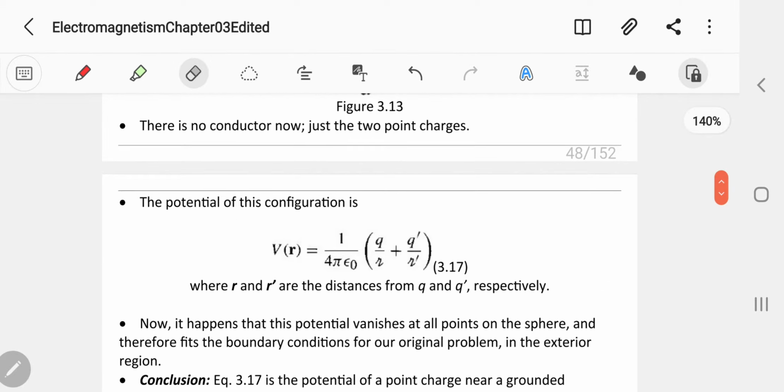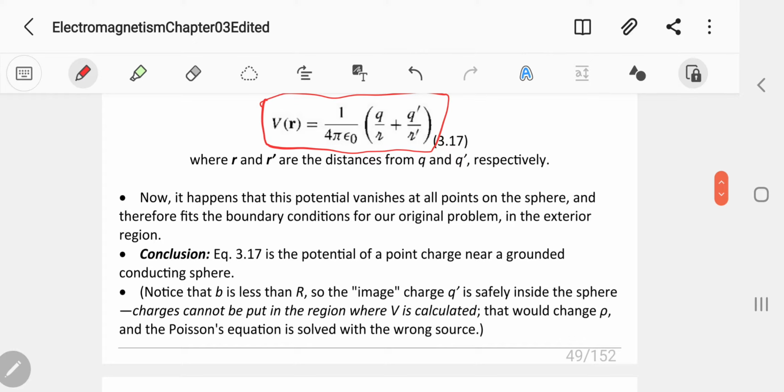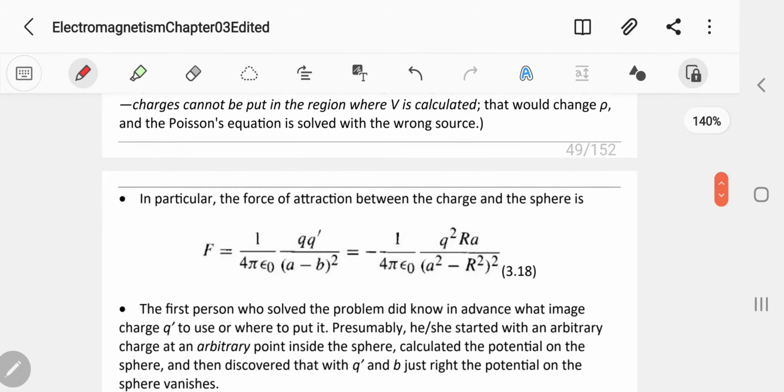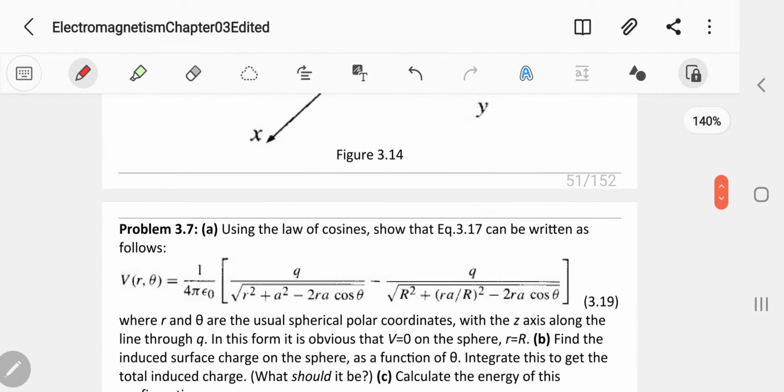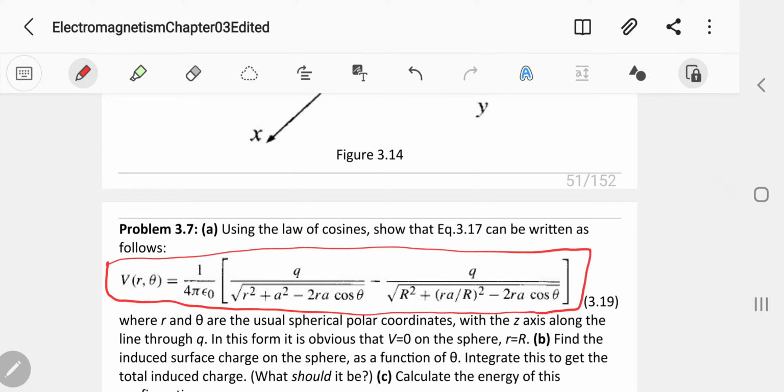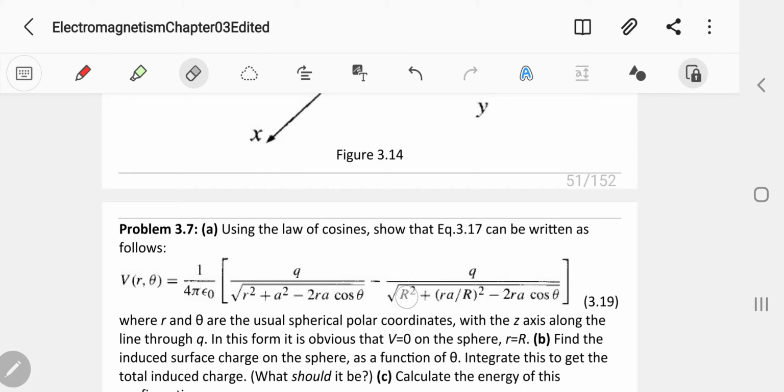So this is what we assume to be the potential. If you use the cosine law, the potential would actually be of this form. You can calculate that. Anyway, later on in the assessment, you can calculate this, and this is actually the potential working on the configurations that we have just talked about.